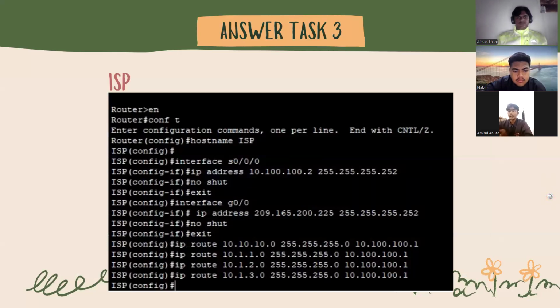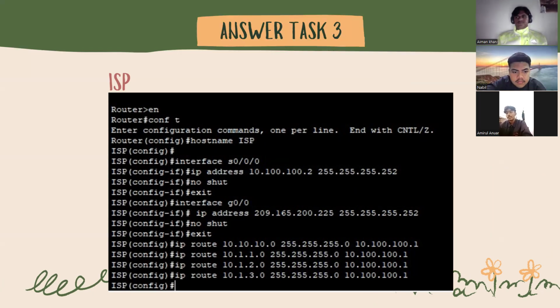And lastly, for ISP. So for ISP, as usual, we enter the command enable and configure terminal, and then we set the host name as ISP, and then we enter into the interface S0/0/0, and we assign IP address 10.100.100.2, and the subnet mask is 255.255.255.252.